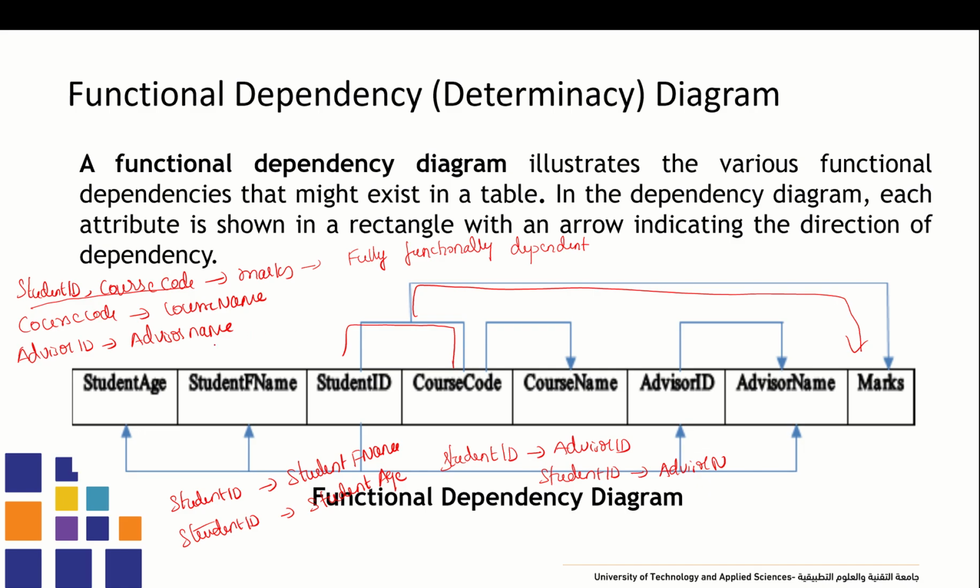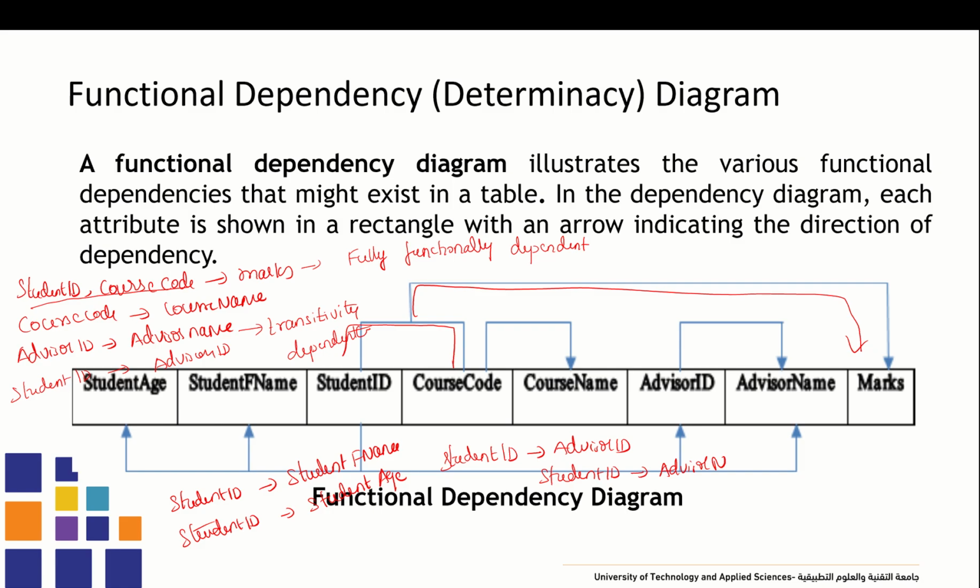Now this is transitivity dependent. Why is it called transitivity dependent? See, advisor ID determines advisor name, and here you already have student ID determines advisor ID. Let me write it together: student ID determines advisor ID, so advisor ID will be cancelled.